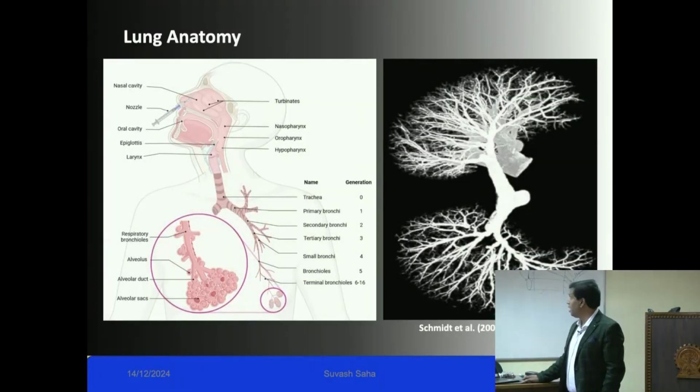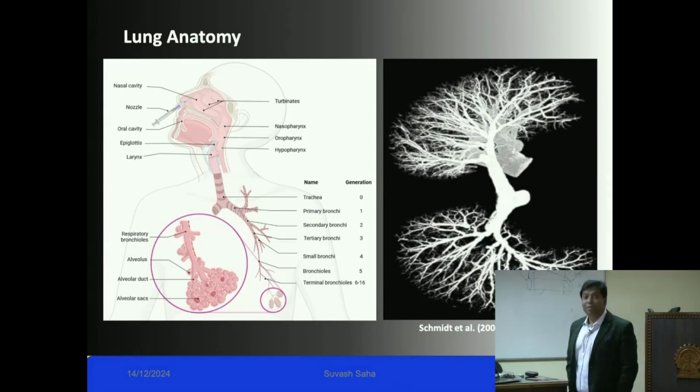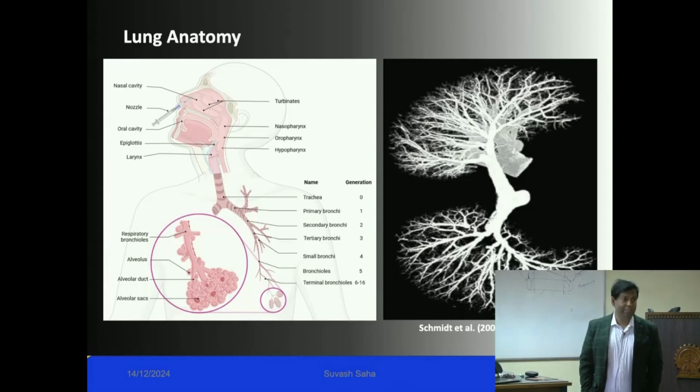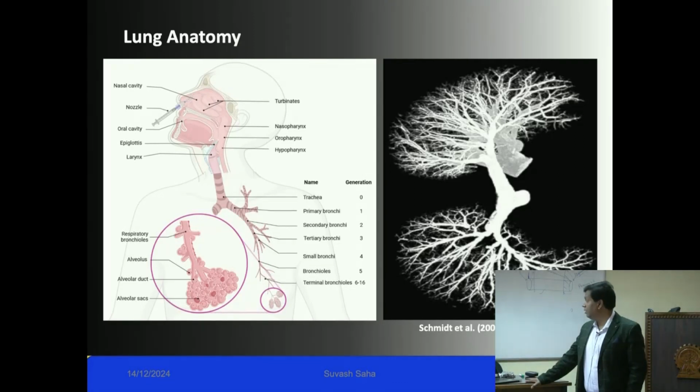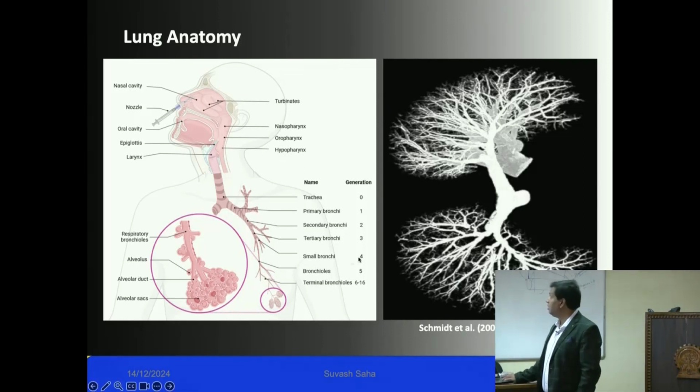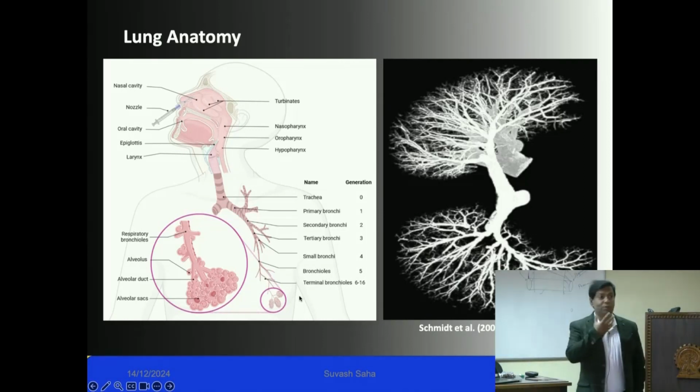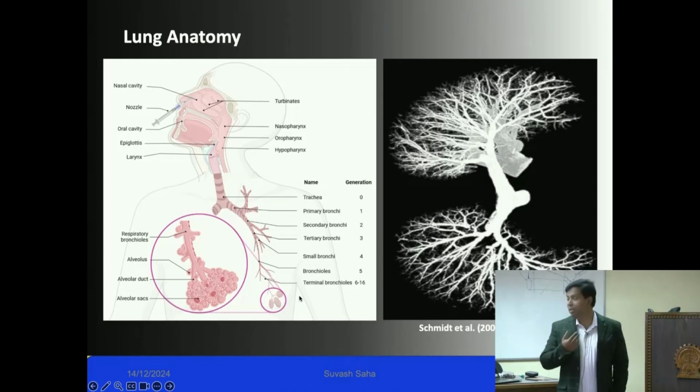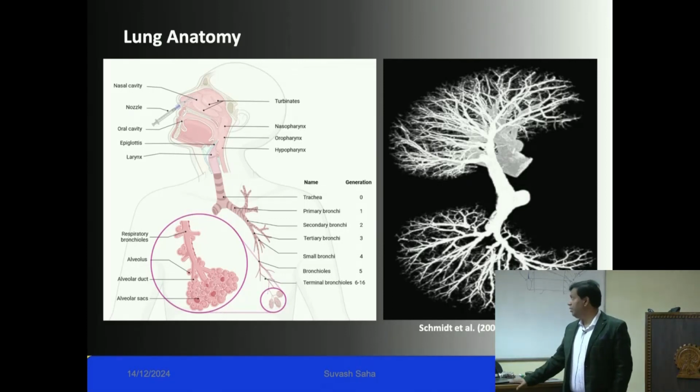Before we start this lung modeling, I just need to give you some lung anatomy, because these are terms I sometimes use. If you don't know where they are, it will be hard for you to understand. You see the left image. There are two ways we normally inhale air, through the nose and through the mouth. When we take medicine, we also use both.